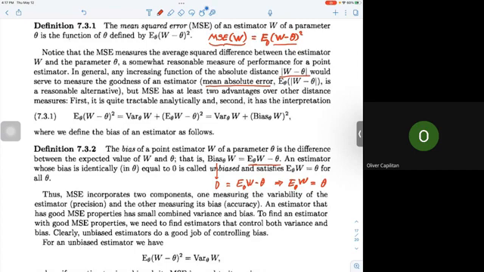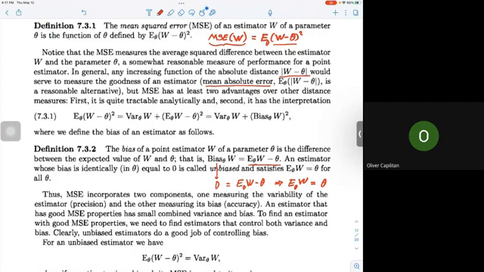Ito ngayon nakuha natin. Then we have an unbiased estimator W. So unbiased na siya. An estimator is called unbiased if it satisfies that the mean or the expected value of that estimator is equal to its parameter theta.